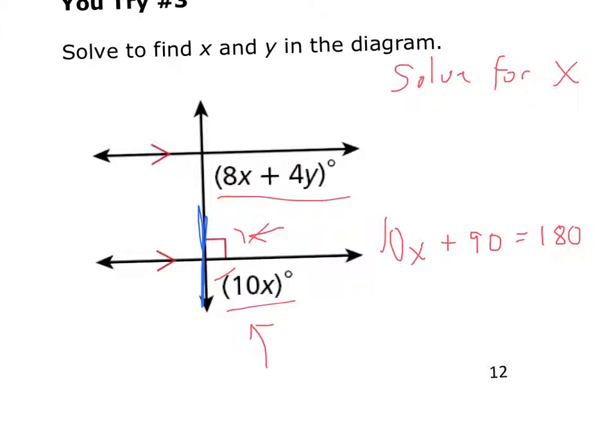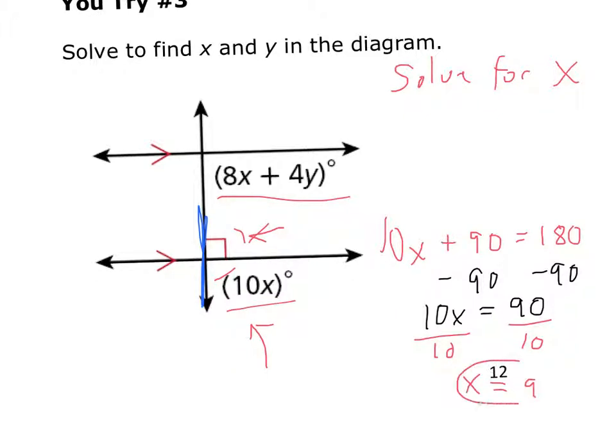Then you can solve that simple equation by undoing addition with subtraction. And that would give us 10x equals 90. And then you can undo multiplication with division, and x would equal 9. So we've found what our x was.